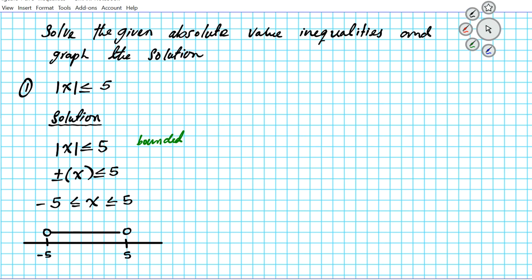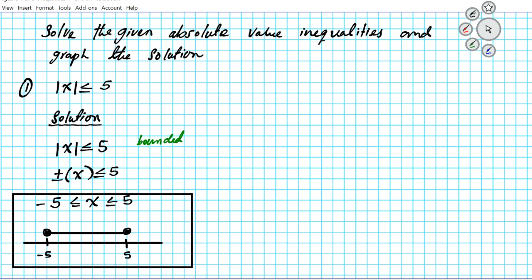Now, are the endpoints included? Well, since you have a line underneath your inequality, that means that the boundaries are included. So you have the boundaries and within. And this, ladies and gentlemen, is the solution to question number 1. Okay, let's take a look at another example, number 2.